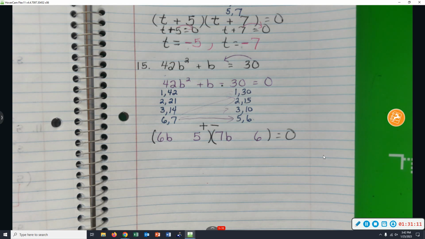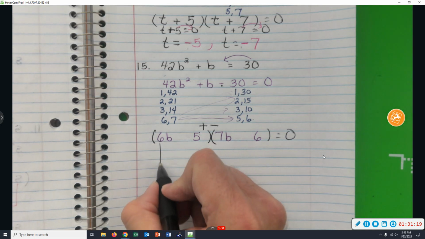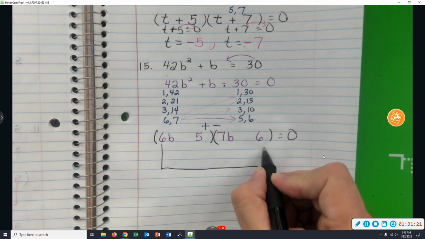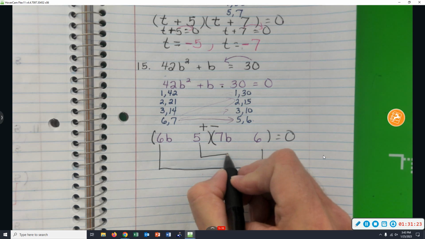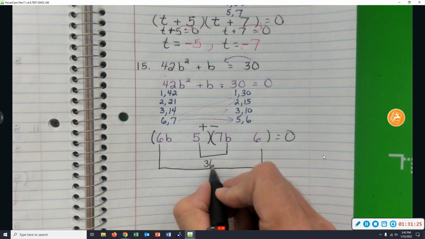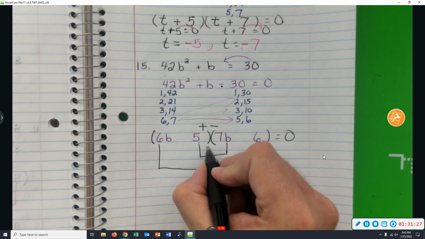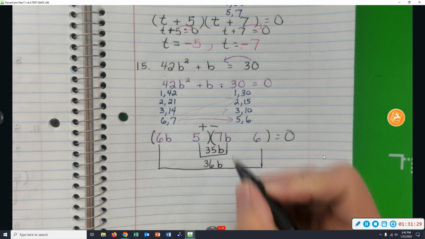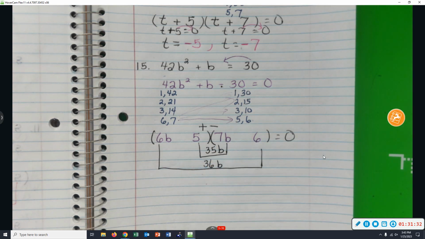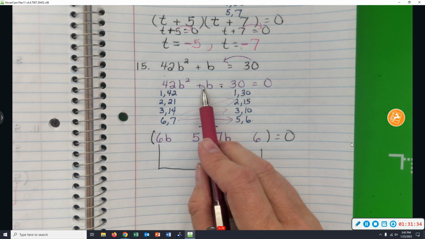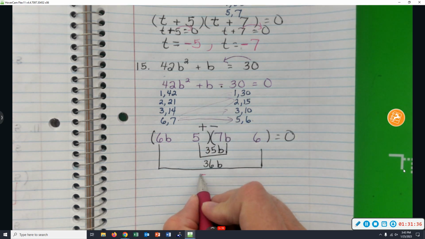Now I'm going to make the little marks, and that's when I'm actually seeing, am I going to be able to make this work out or not? We'd have a 36b and a 35b. Can I subtract those to get a positive 1b?